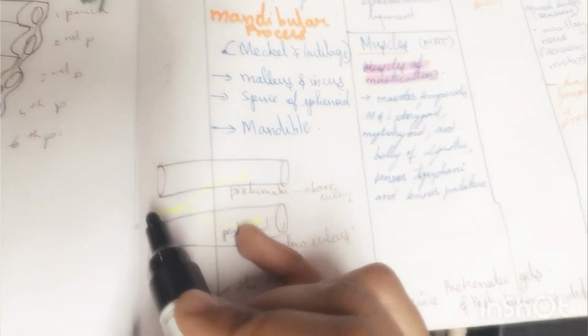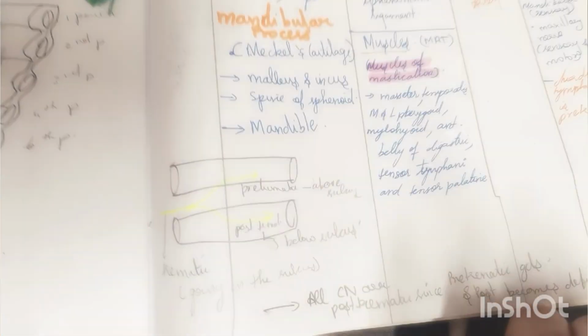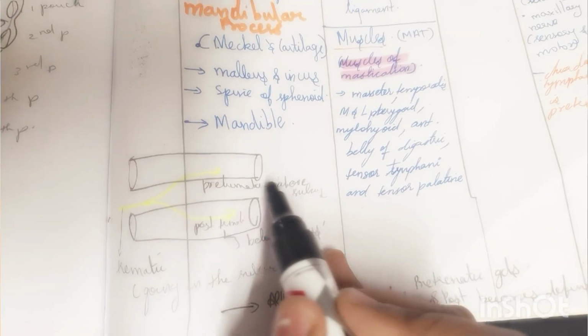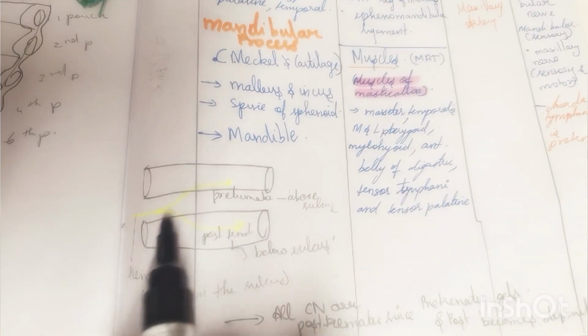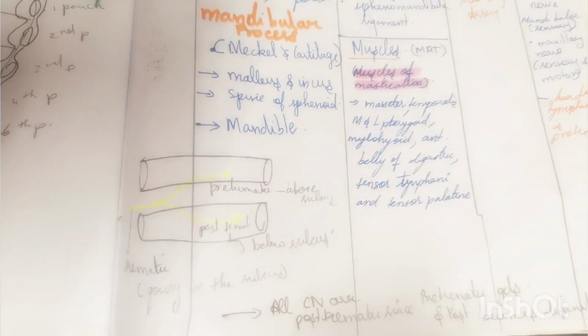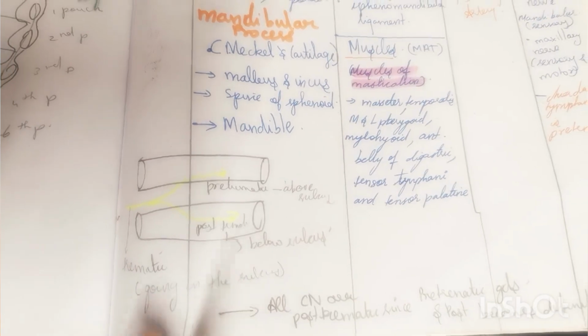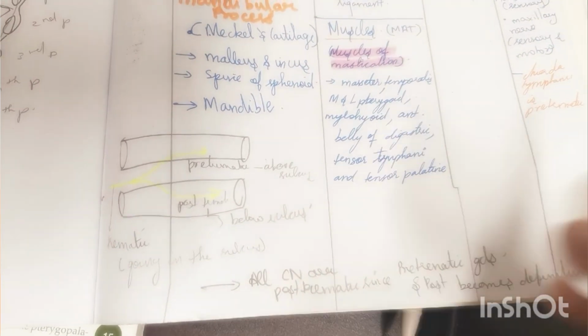Pretrematic is nothing but, when you see a nerve, it goes along a sulcus or cleft. There are two structures, and in between only the nerve goes. Pretty sure everyone knows that. So when it goes above the cleft, it is called pretrematic, and the one going below the cleft is called posttrematic.